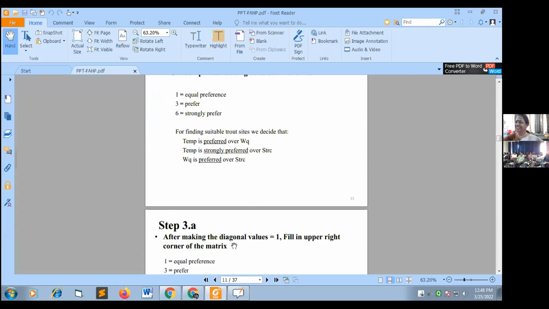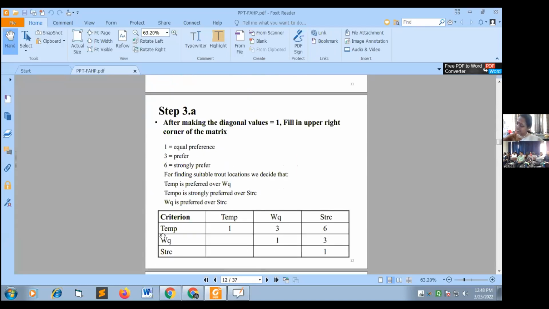After making this, we can see the diagonal is equal importance. It means temperature to temperature is the same: water quality to water quality is 1, and stream structure to stream structure is 1. For temperature against water quality, temperature is preferred, so we give 3 here.